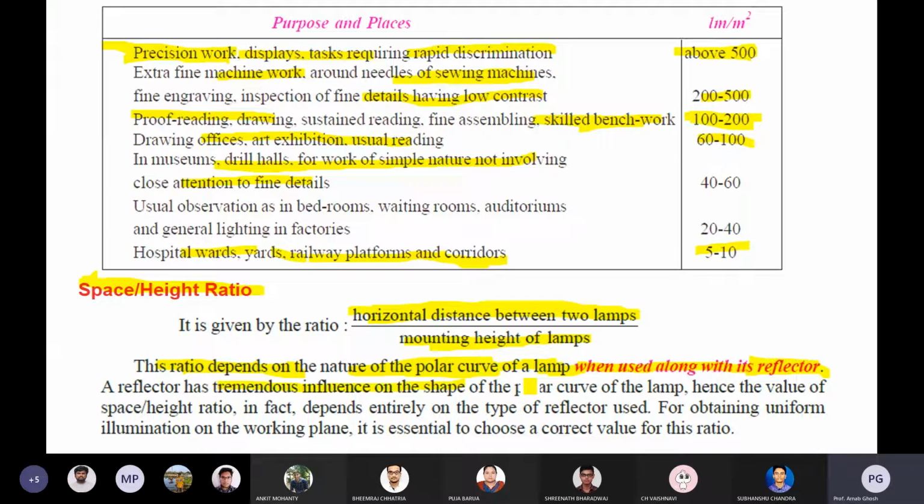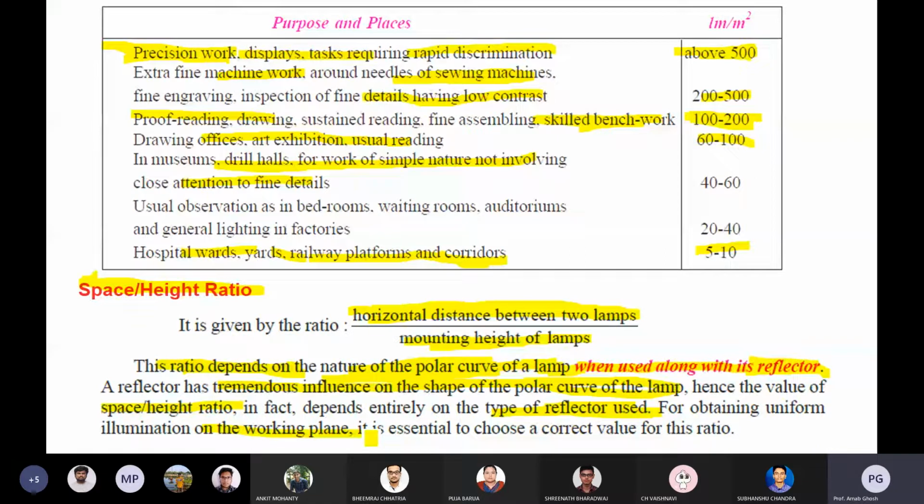For obtaining uniform illumination on the working plane, it is essential to choose the correct value of the ratio. These are all very important parameters to find out the uniform distribution of light, as well as how far it is going to illuminate, and how to calculate them.